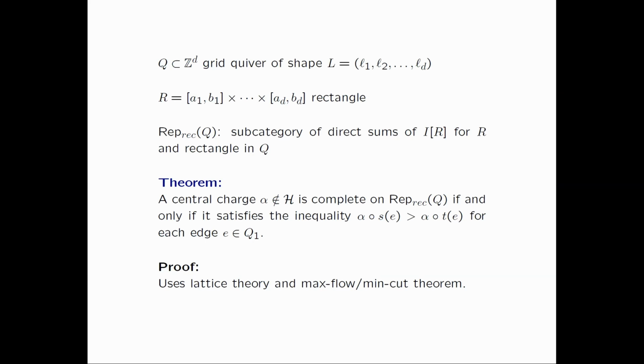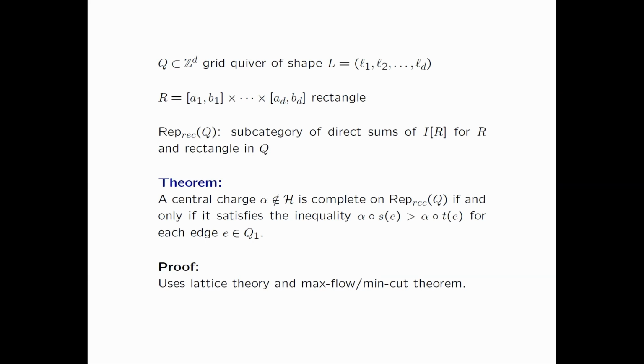That's a non-trivial theorem. I haven't said what H is. H is a set avoiding certain hyperplanes in all possible charges that you might want to define, so I'll leave that as a technical thing. It's a set of measure zero, I guess, and so the usual sort of things happen. But the proof for this is quite intricate.